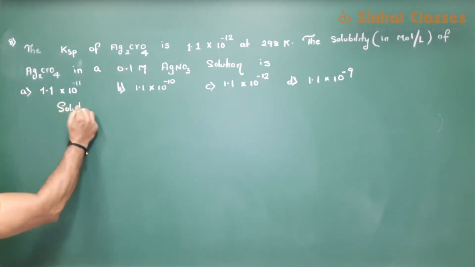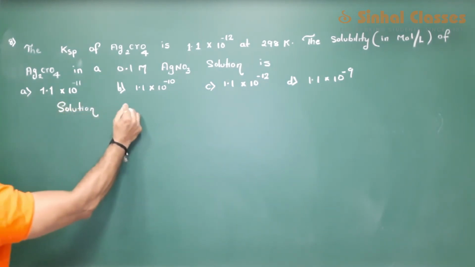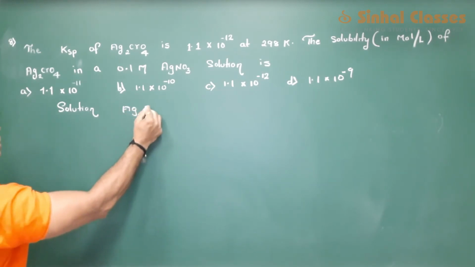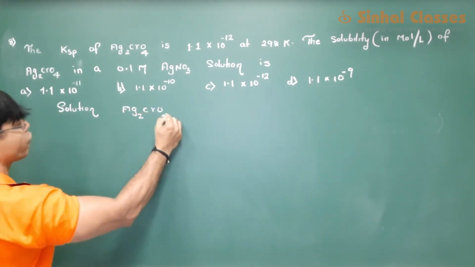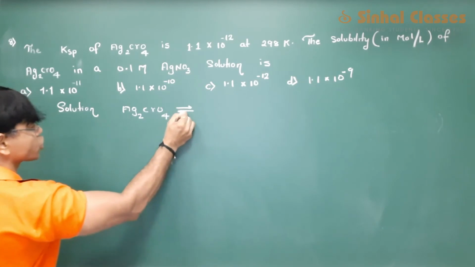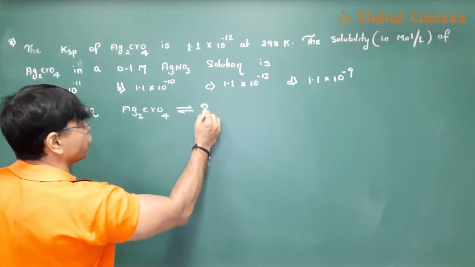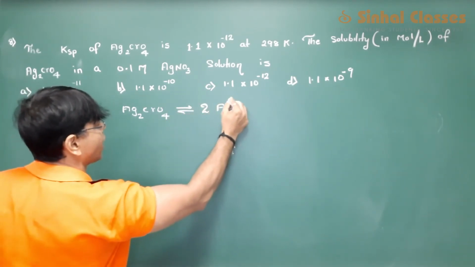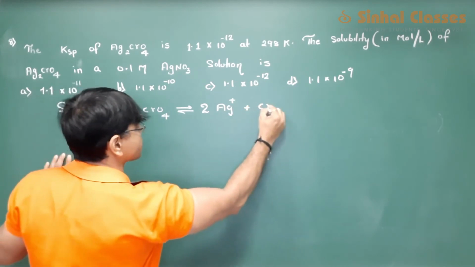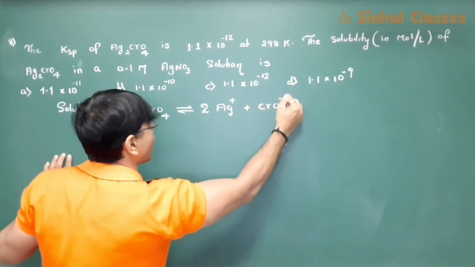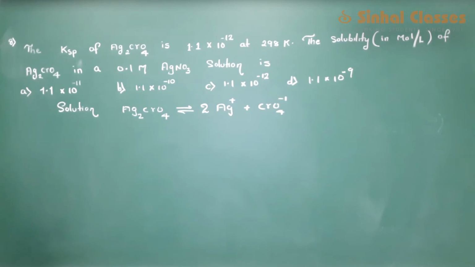Okay. Now silver chromate, Ag2CrO4, dissociates to give you 2 silver ion plus CrO4 2 minus.